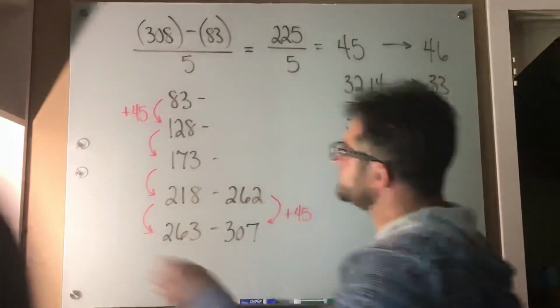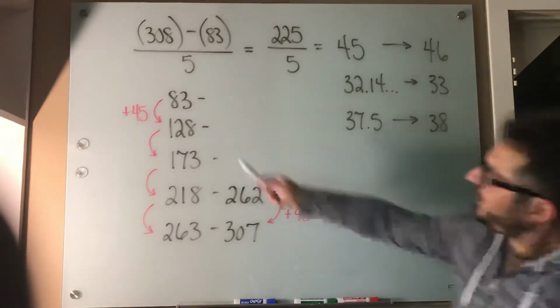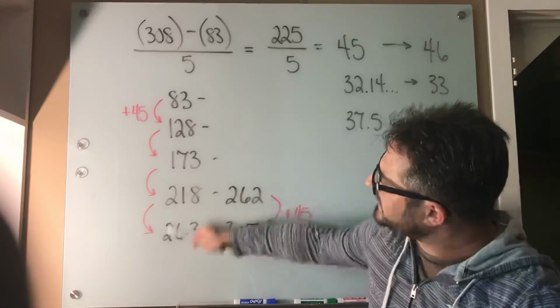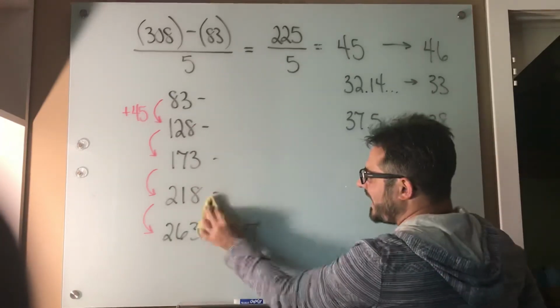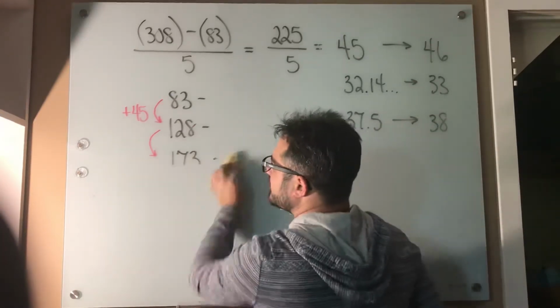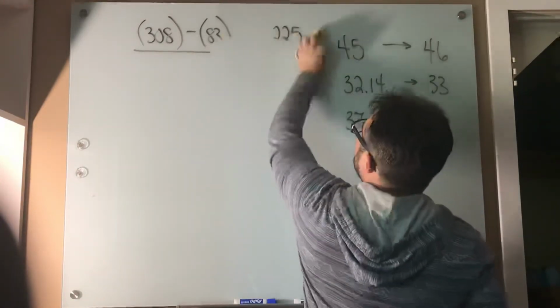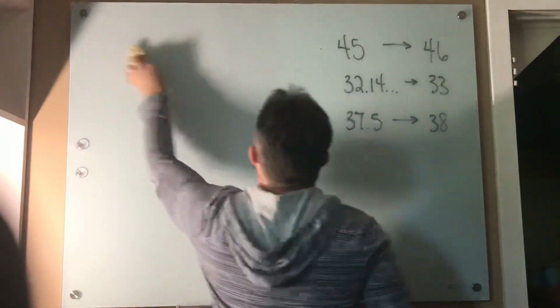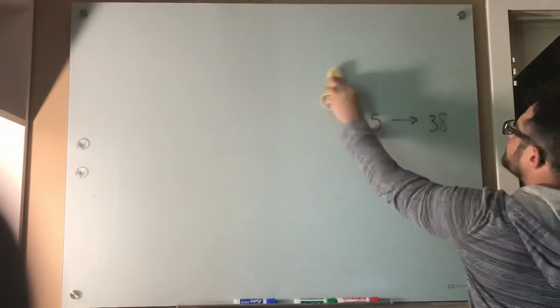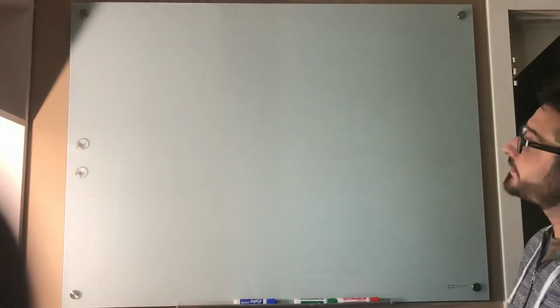Now, here's another interesting thing while we're at it. Why do we add the class width going down like that? Why don't we add the class width to the lower limit to get the upper limit? Well, we're going to actually use a smaller set here. Let's keep it simple.